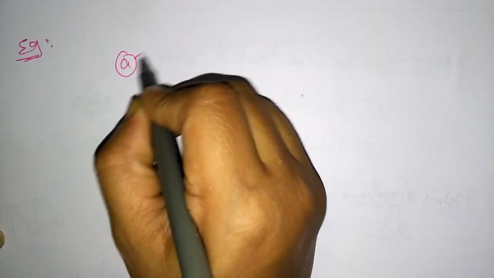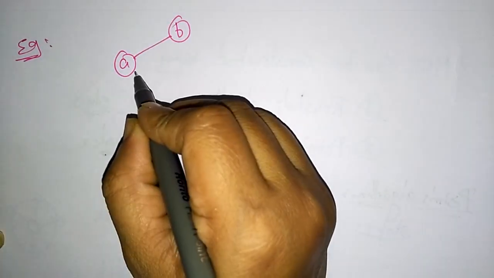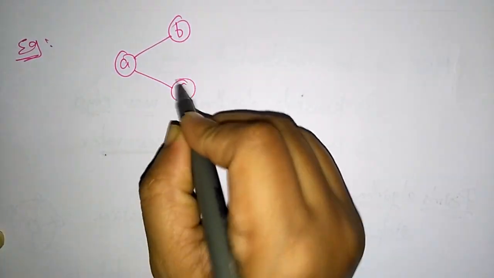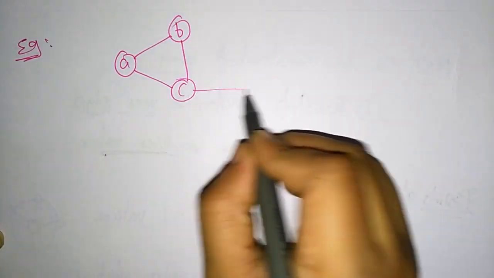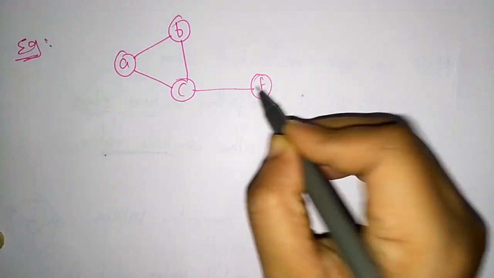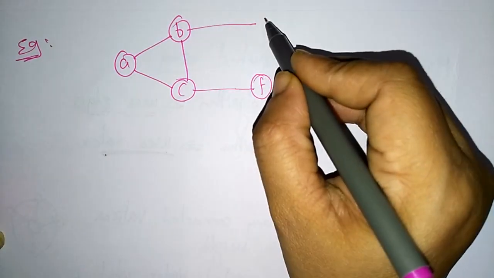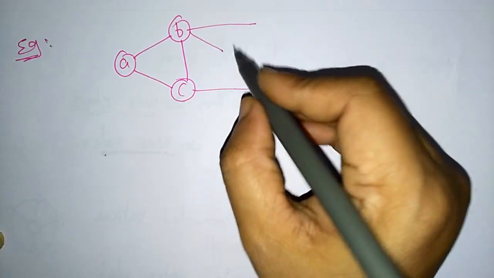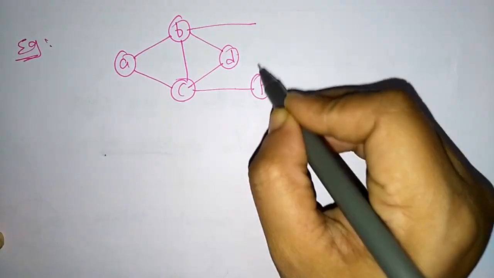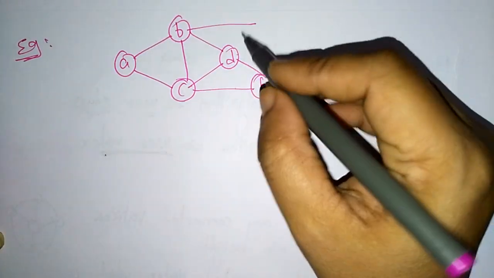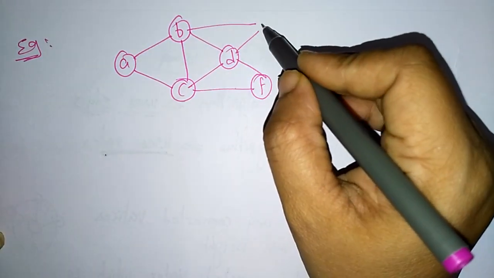We will apply this algorithm on this example. Let me take the example. I am taking a graph, and now I have to convert this into a minimum spanning tree. The graph has all closed loops, a closed circuit we can say.